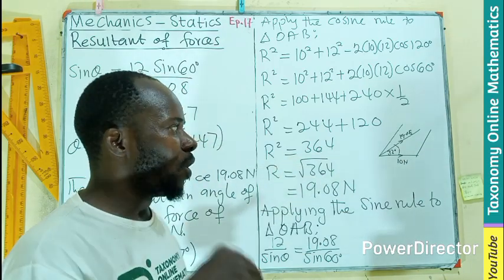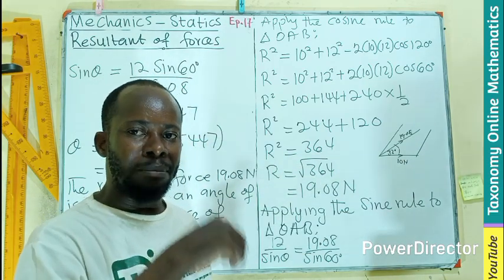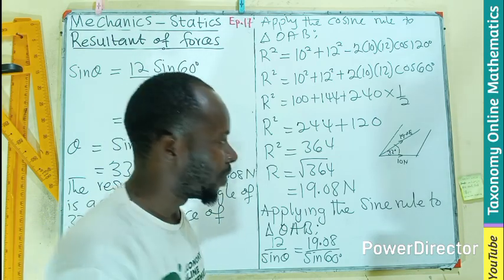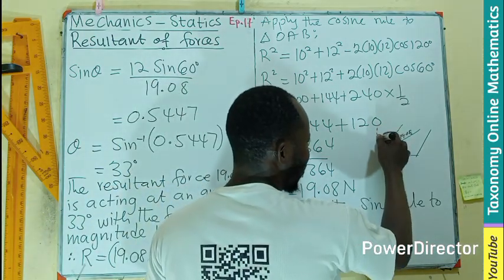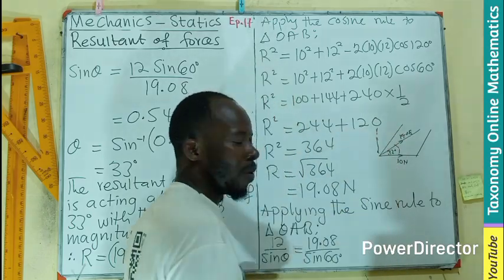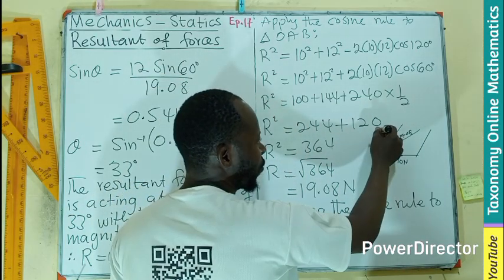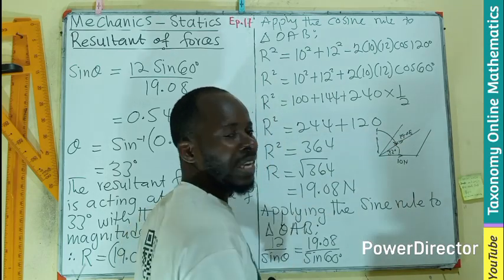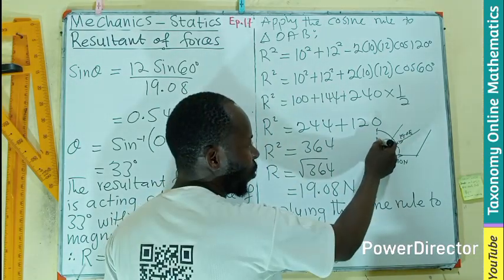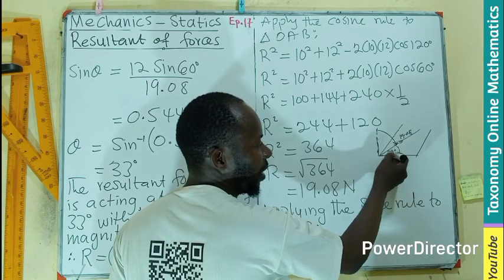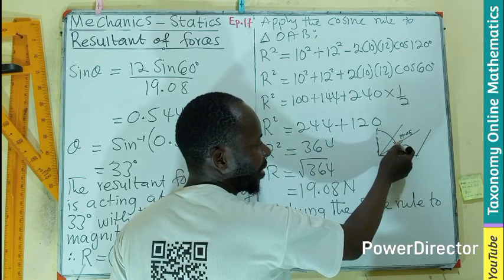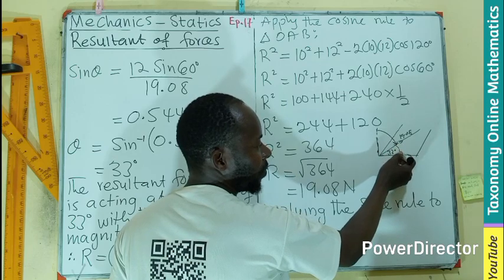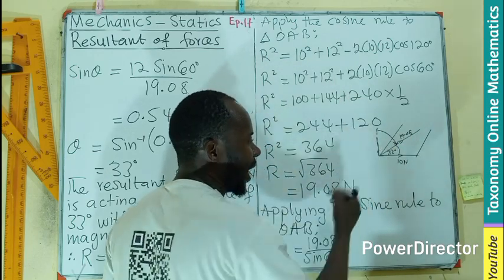But we need to know the bearing of the resultant force itself, which normally is measured from where? From the north. So we are looking from here all the way to where the resultant force is. It's supposed to be 90 to this place, but if you take away 33 from 90, you should be left with the rest.